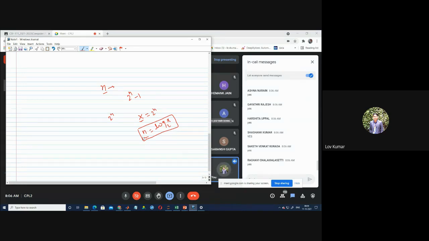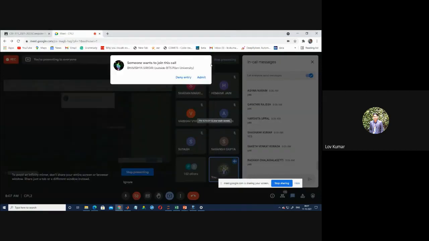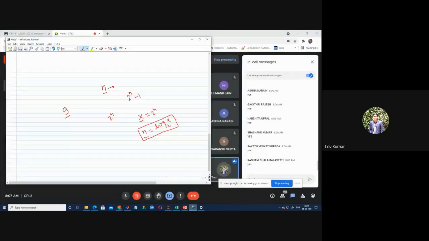As an example, if we are interested in generating 9 different addresses, how do we write the formula? The minimum number of bits required to generate 9 different addresses is n equal to log 9 base 2.